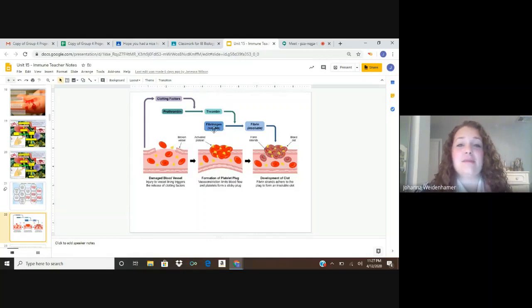Yes, exactly. It's going to make fibrinogen become fibrin, and eventually they're going to develop a clot because that fibrin is going to adhere to the plug to form an insoluble clot and close that wound. So here's again a nice overview of what exactly is going on in the body when there's a cut either in your skin or in a blood vessel.